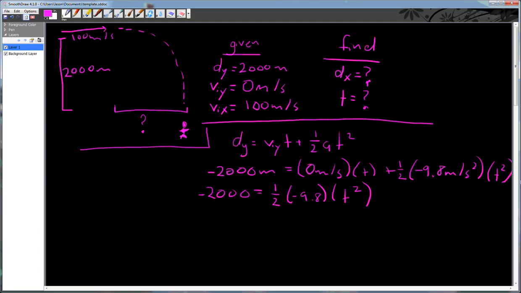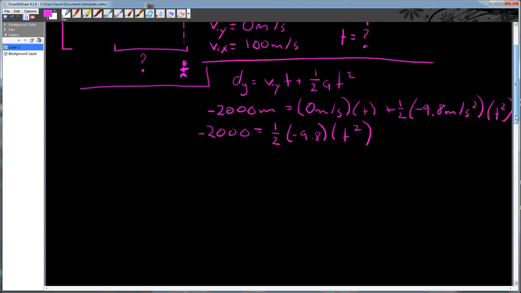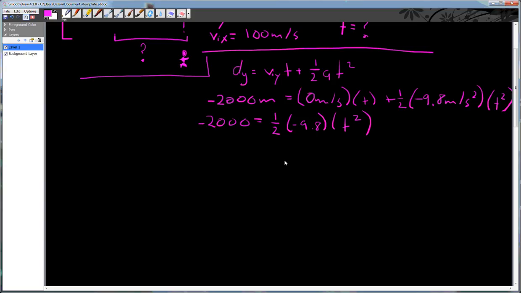Doing math, we know 1/2 times negative 9.8 gives us negative 4.9 times t squared equals negative 2,000. We're going to divide both sides by negative 4.9 equals our t squared.